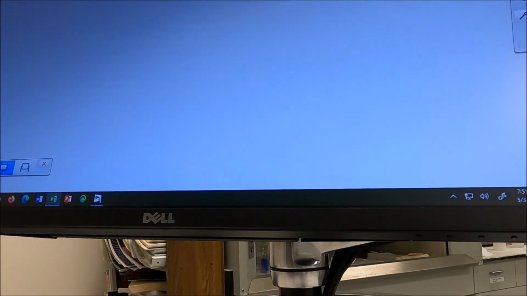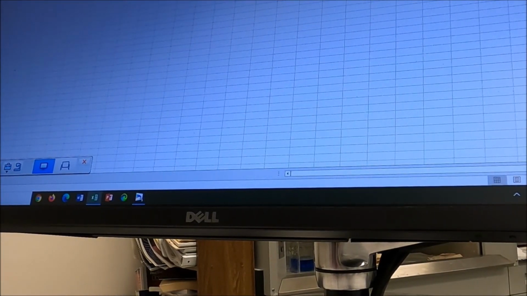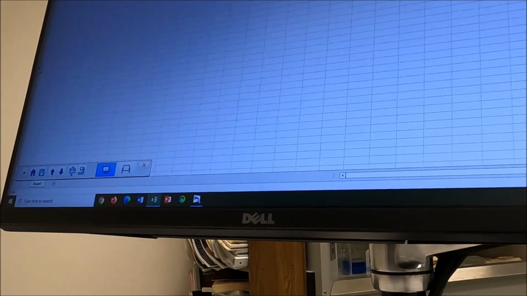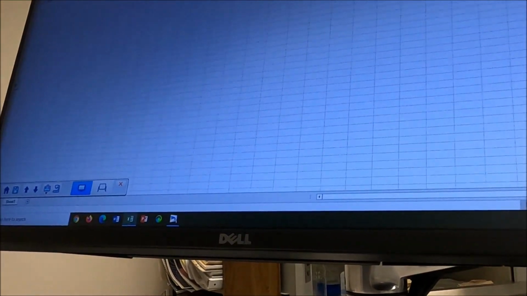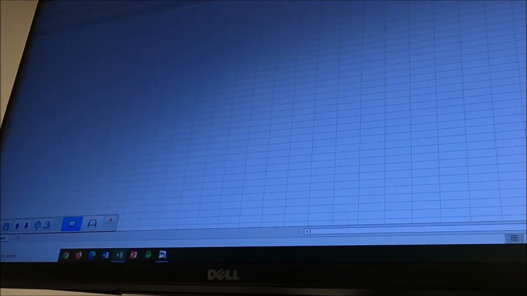And I want a blank sheet. Now, anytime you're doing a graph, you have a dependent and an independent variable. The independent variable is what you're setting. The dependent variable, okay, is essentially what you're measuring.